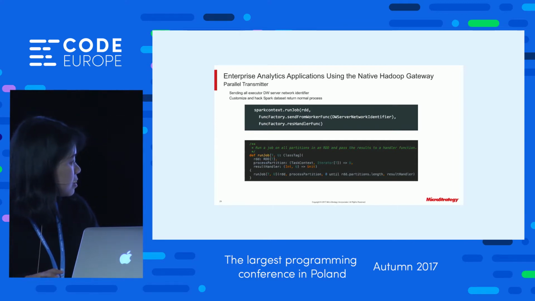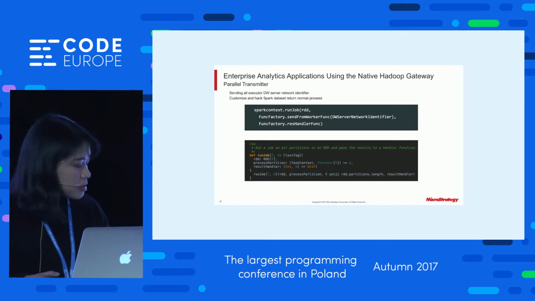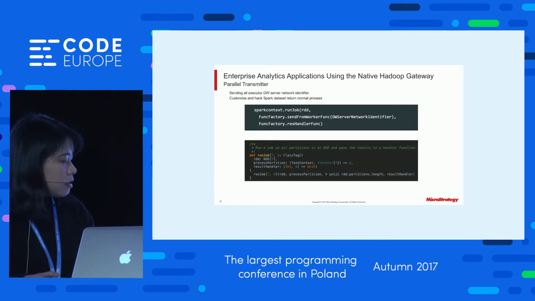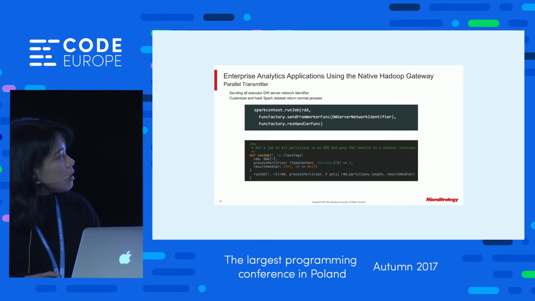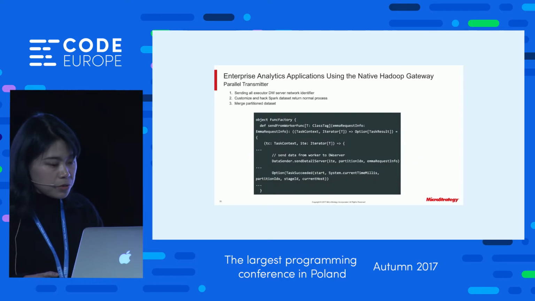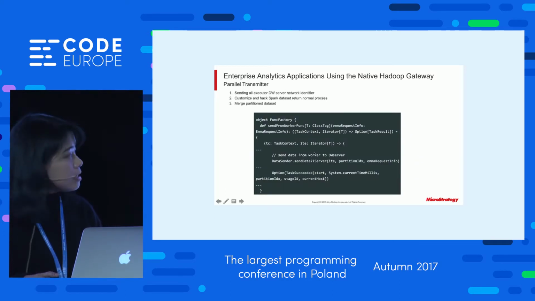After you get the RDD as a result, you can pass in the process partition function. In this function, we can pass in a function object in Scala, and in this function, we put in the MSTR server's network identifier as a closure. So the function object already knows where we should send the data set.